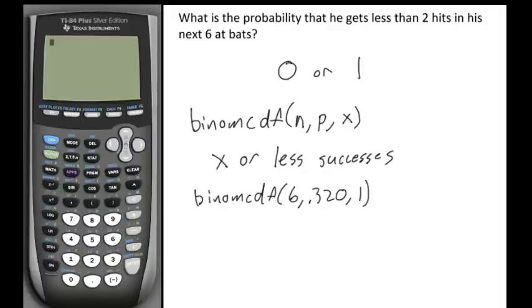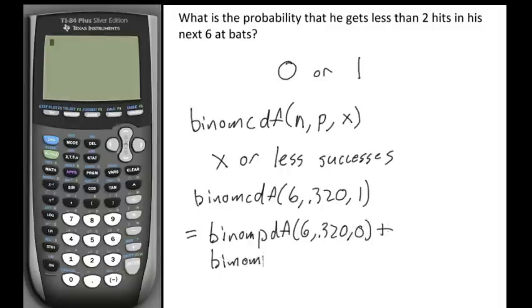So writing Binomial CDF 6, 0.320, and 1 would be the equivalent of doing 2 Binomial PDF functions: Binomial PDF 6, 0.320, 0, plus Binomial PDF 6, 0.320, and 1. So the Binomial CDF function sums up a couple of them.